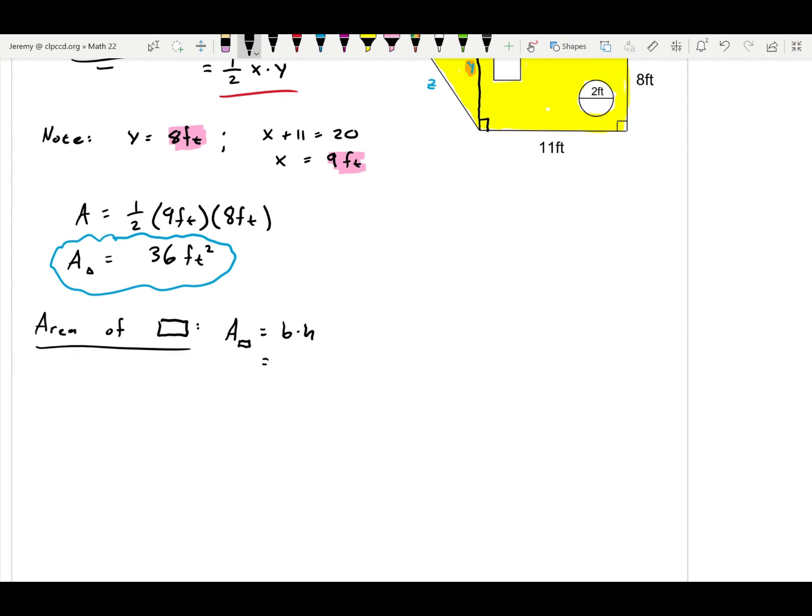And for this one, we know that the base is 11 feet times the height, which is 8 feet. So I have 88 square feet for the area of the rectangle. I'll put another little cloud around that.